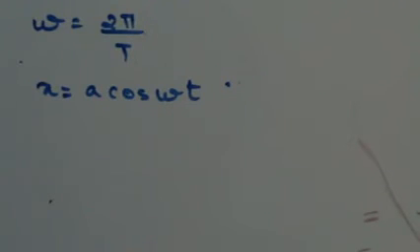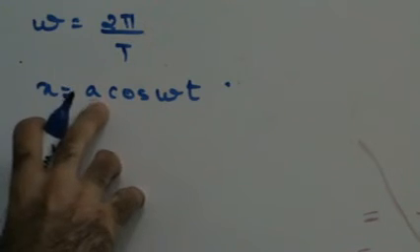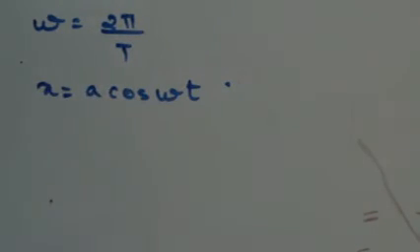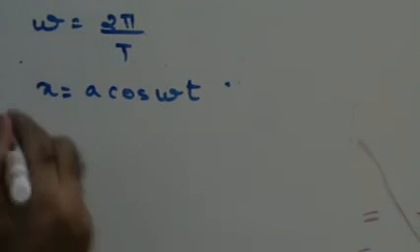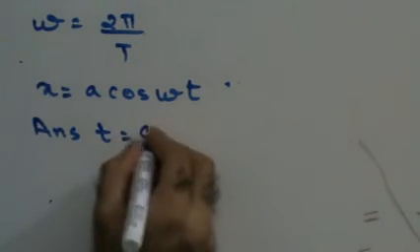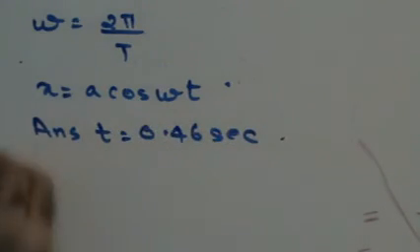Since the particle starts from extreme position, displacement is going to be equal to A cos omega t, and you will be able to get the value of displacement from here because x you know, A you know, omega you know, t is the only unknown that you have. So you should be able to get the value of t, right? You will get the answer of t as 0.46 seconds. Next, take on next one please.